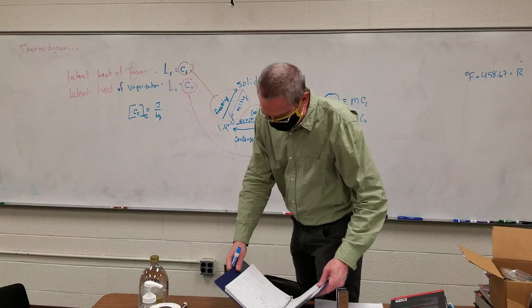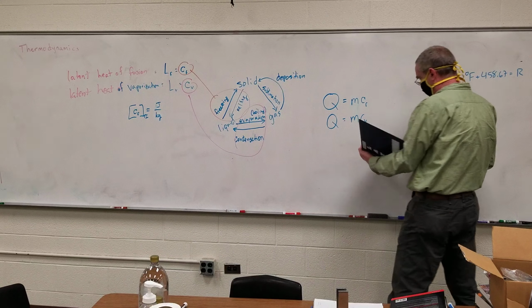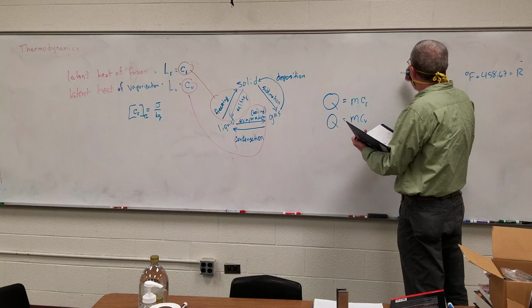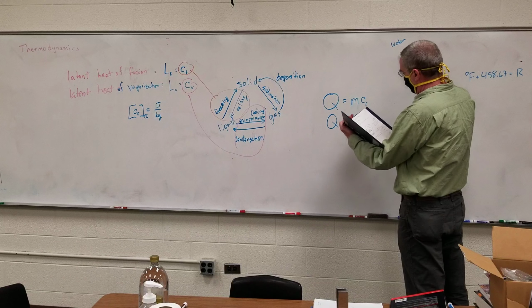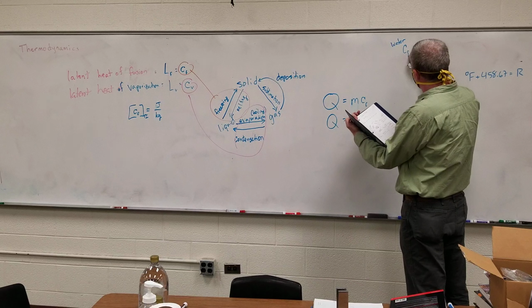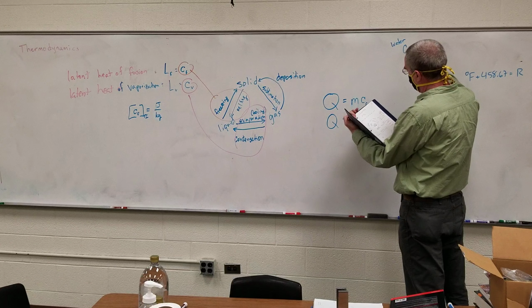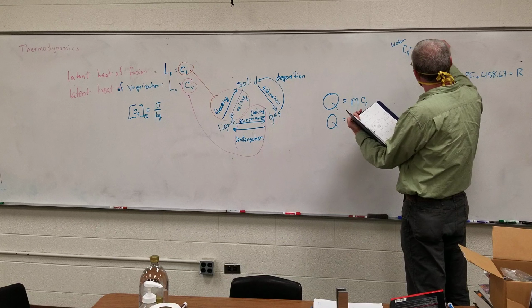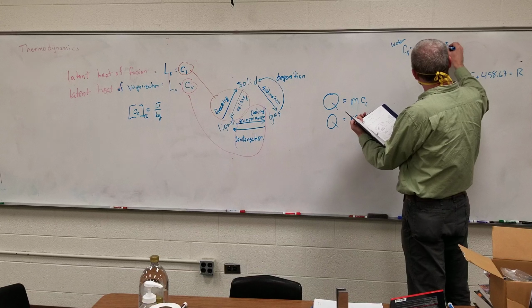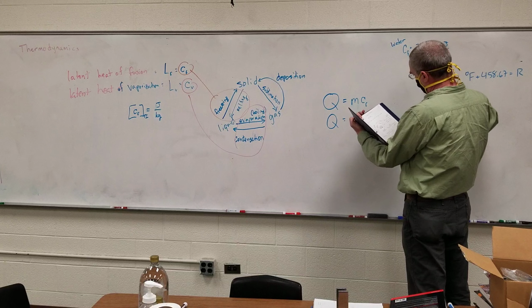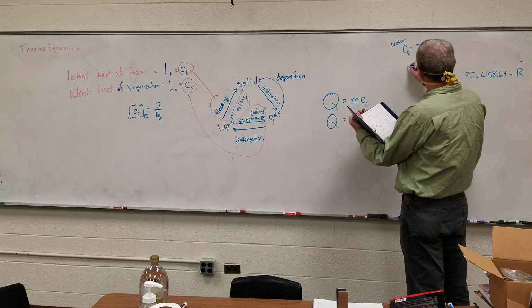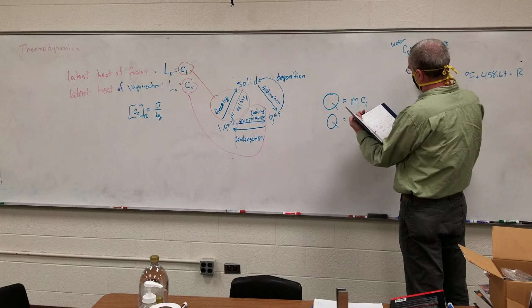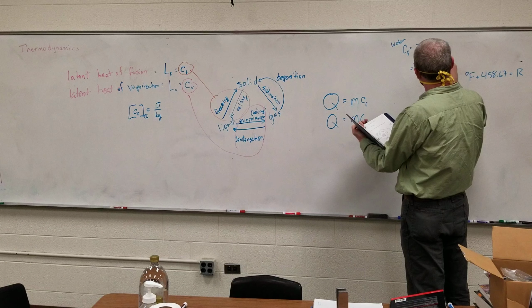To give you some ideas of numbers here, for water, the latent heat of fusion is 330,000 joules per kilogram in SI units, or in more convenient units, 79.7 calories per gram.